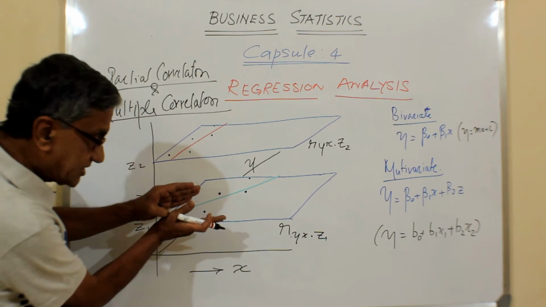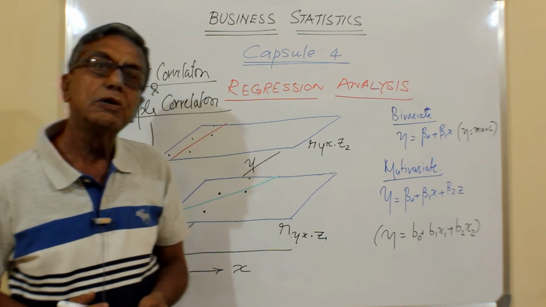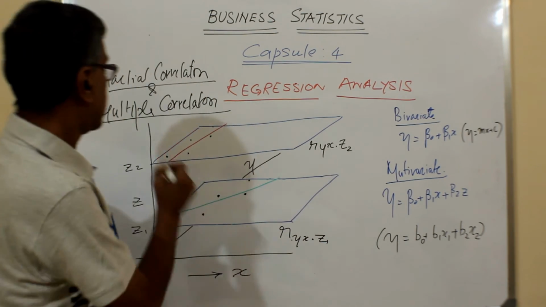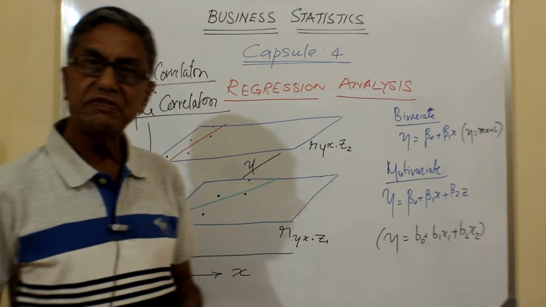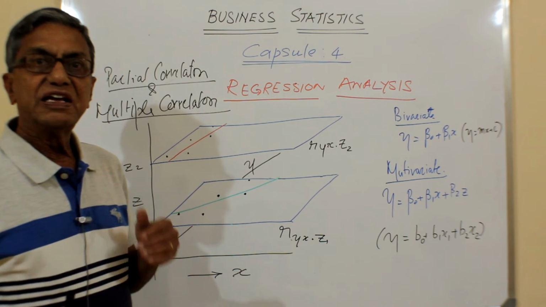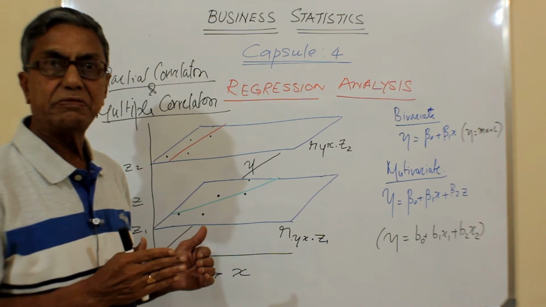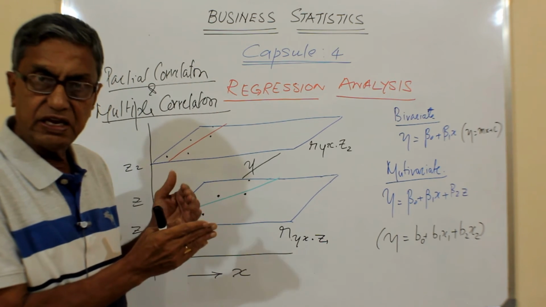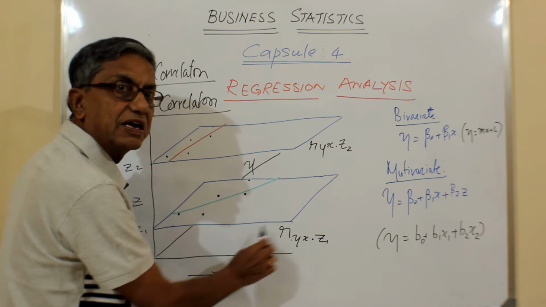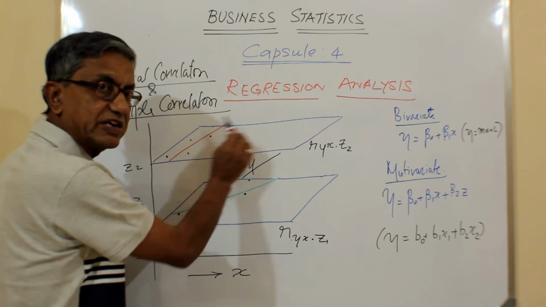When we assess this, that is what is called partial correlation. In multiple correlation between three variables x, y and z, where y is dependent on x as well as z, what we are doing is getting a different regression coefficient at different planes.